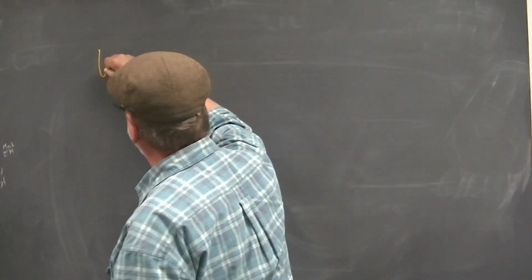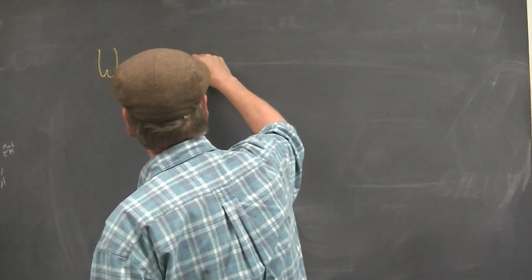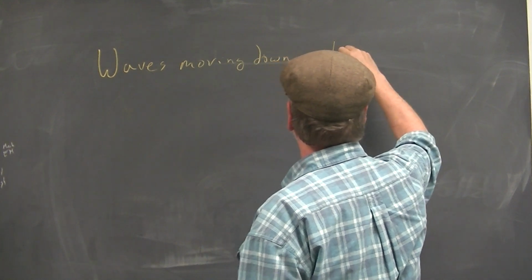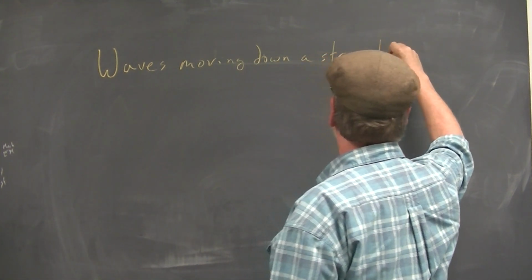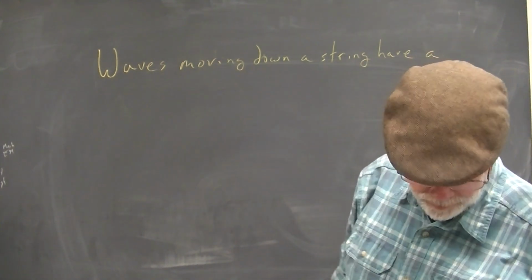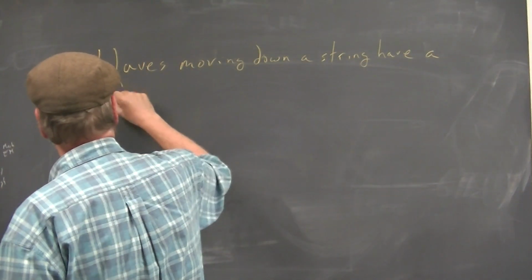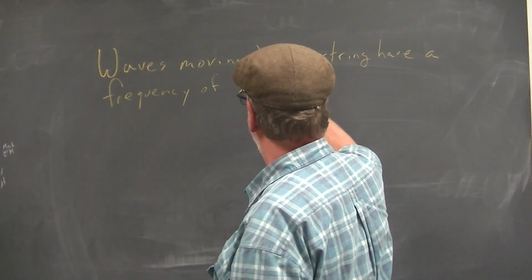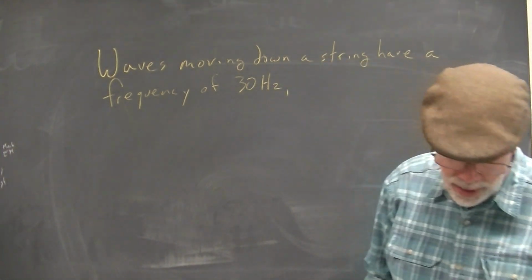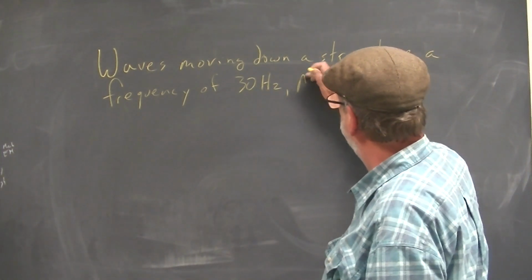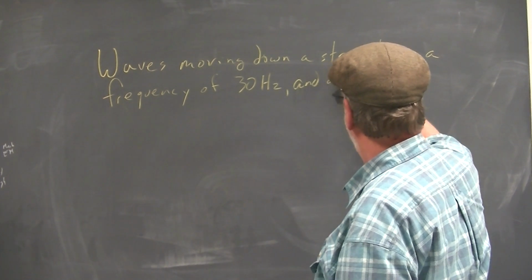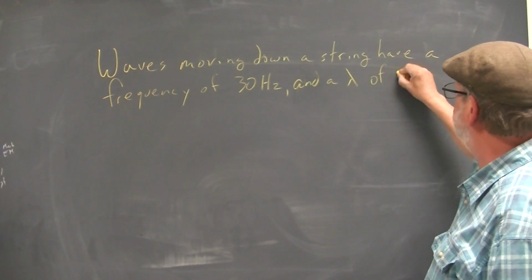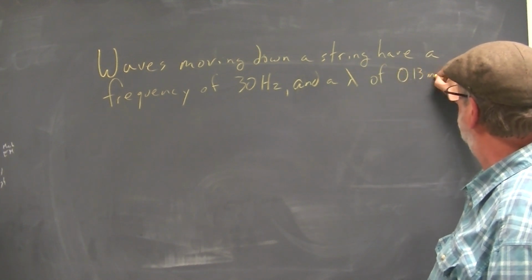So we'll say waves moving down a string have a frequency of 30 hertz and a wavelength, notice the universal sign for wavelength, of 0.13 meters.